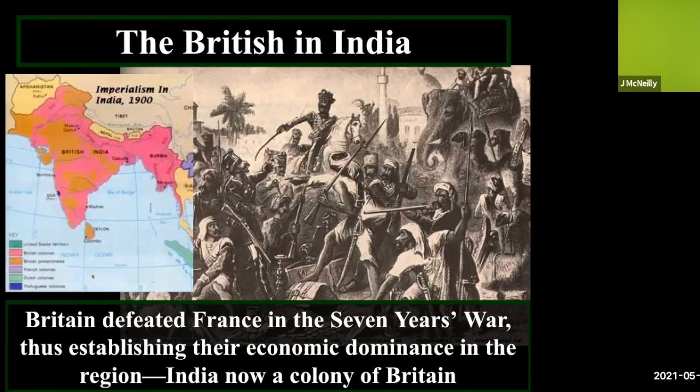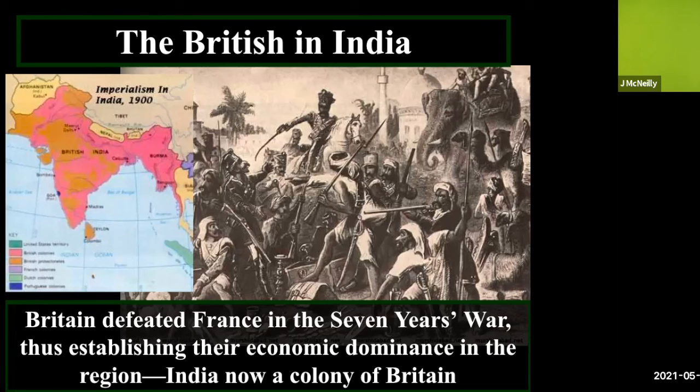The British want to maintain control of India, and so they are going to respond strongly. They move in and establish British control of the government with the British Raj, R-A-J. This British Raj is going to rule from 1858 until 1947, because after World War II we see a period of decolonization.